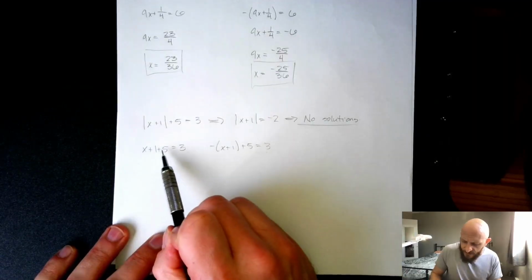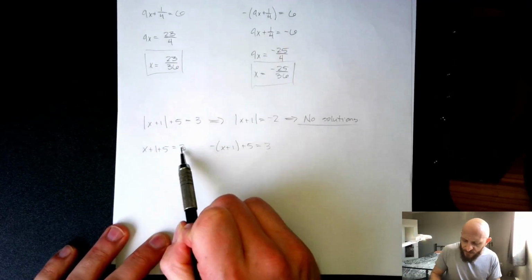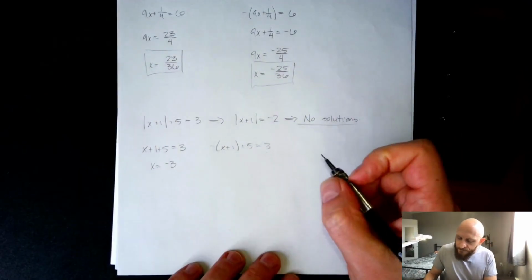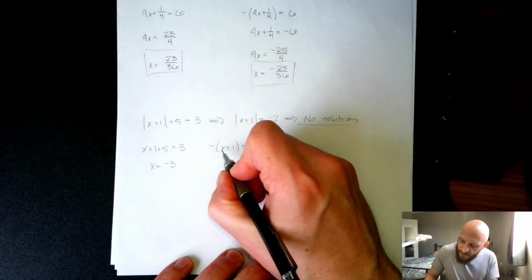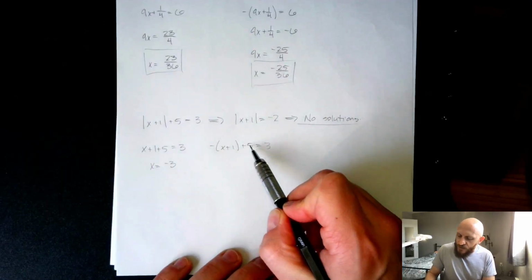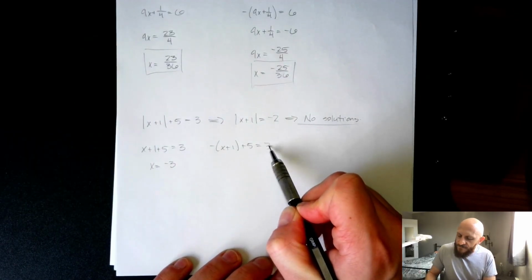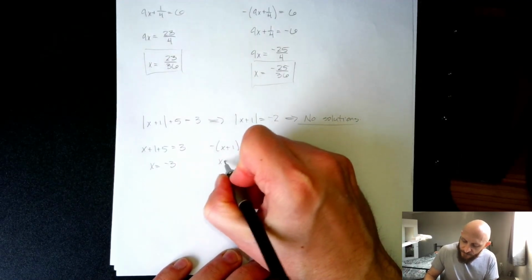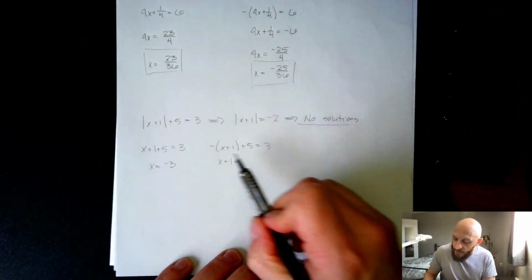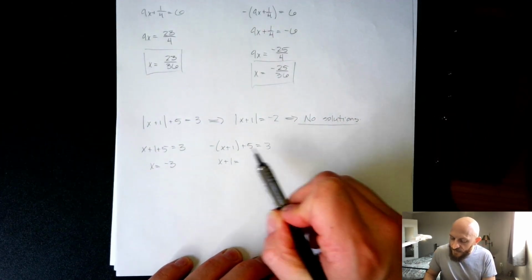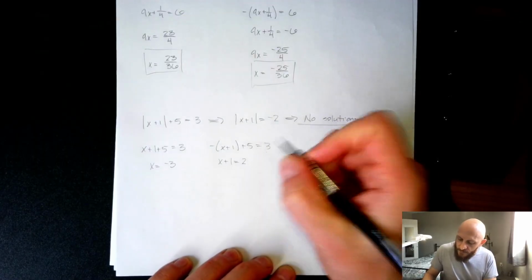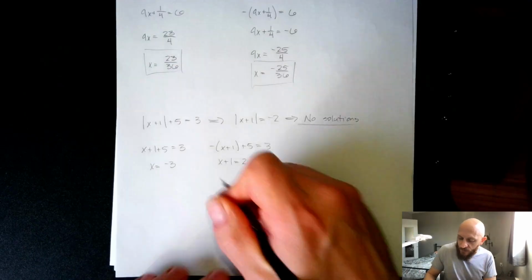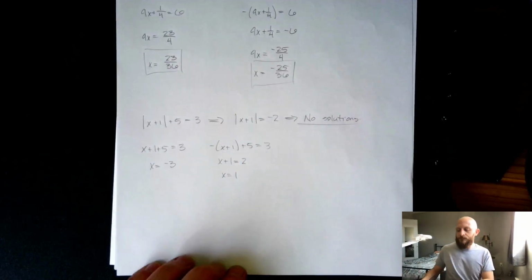When we solve these out, 1 plus 5 is 6, 3 minus 6, so x equals negative 3. Over here, what would we get? If we subtract 5 from both sides, this side would become negative 2. Then dividing through by a negative, we get x plus 1 equals positive 2, right? Then subtracting 1, we get x equals 1.